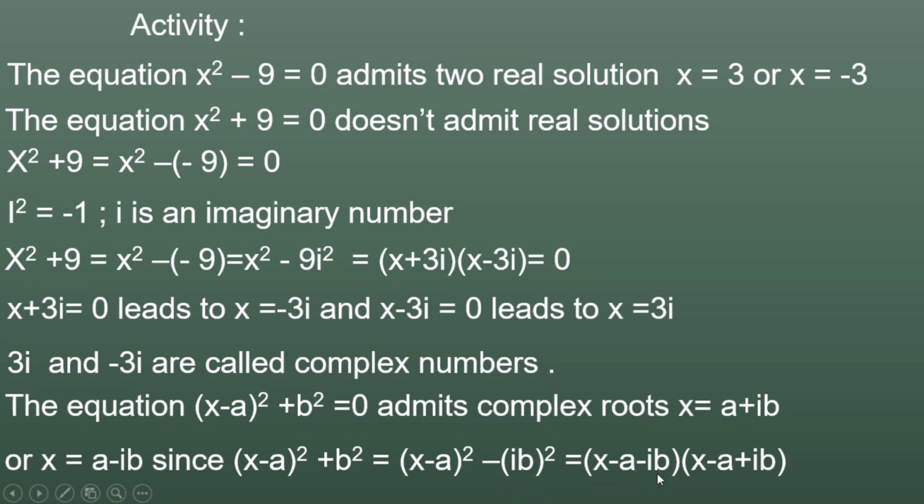This is x minus a minus ib into x minus a plus ib equals 0. You get x equals a plus ib or x equals a minus ib. The solution is in the form real plus i times a real number.